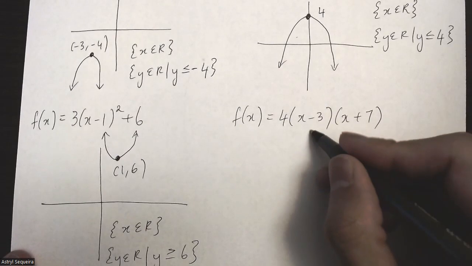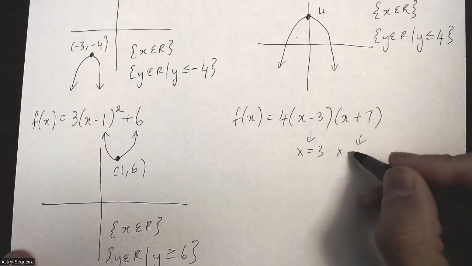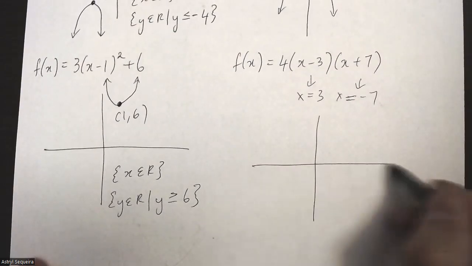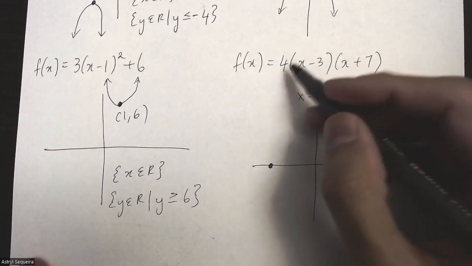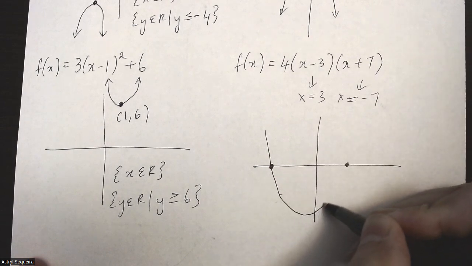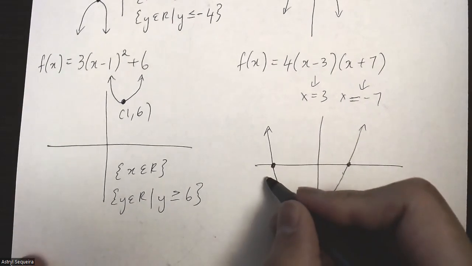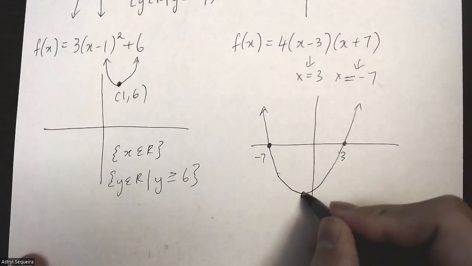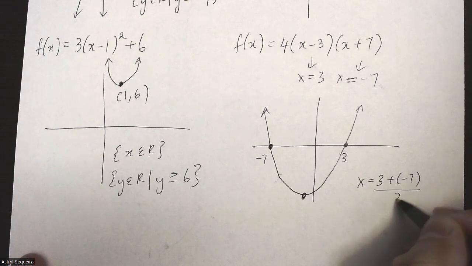Last one here is in factored form. My zeros are 3 and -7. Sketch it out really quick. -7, +3, positive a value, so it opens upwards. Find the x value of my vertex by adding the two values and dividing by 2.